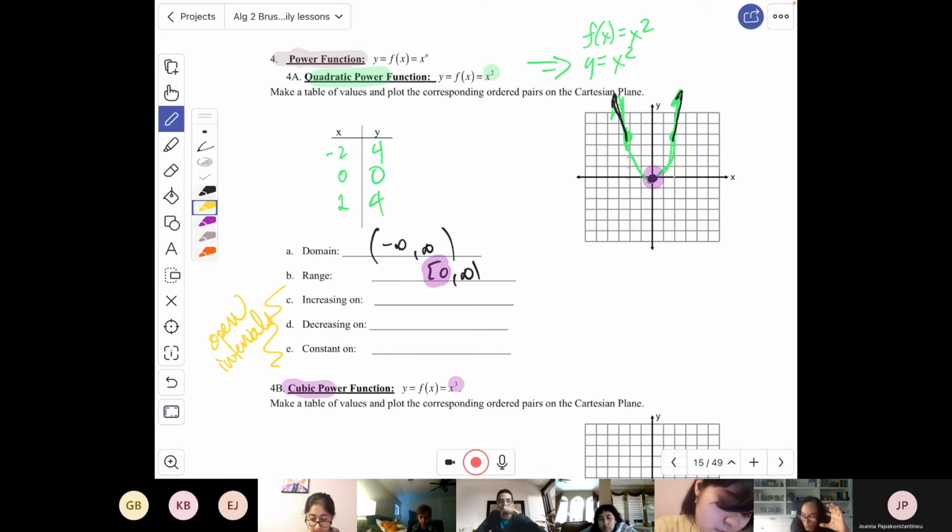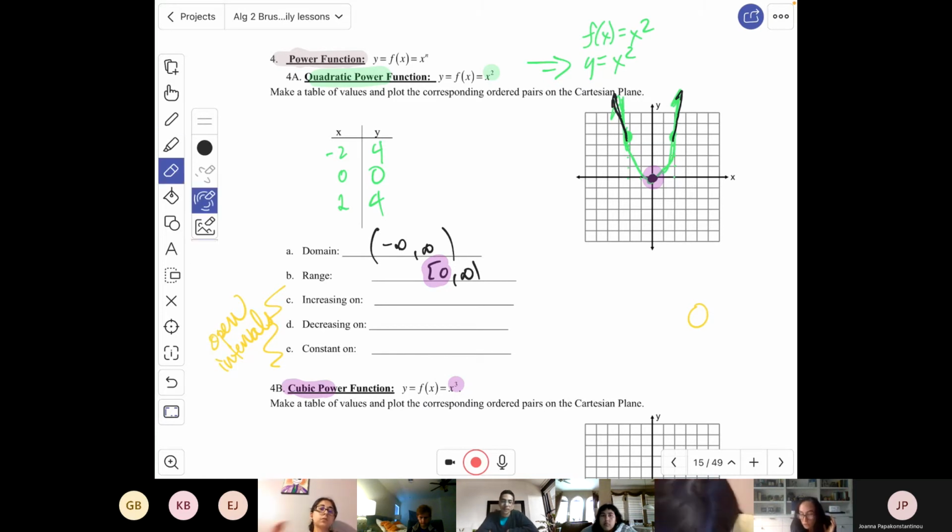If it were an open point, then I wouldn't include it. But if it's a solid point, if it's on the graph, it is included, so it's closed. Infinity is always open, and where you define increasing, decreasing, and constant is always open.